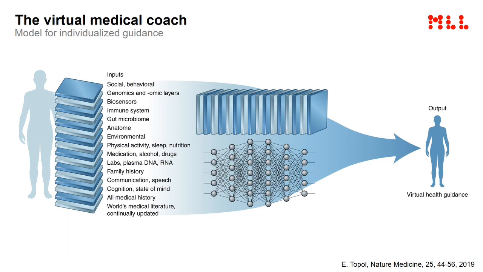Eric Topol also put all this together in a very nice paper in Nature Medicine 2019, where he added all the different information, including family history, tracking devices, microbiome, and all the genomic and transcriptomic information, and the world's literature, and put all this in a machine learning tool with artificial intelligence, leading to real health guidance and the respective patient's treatment.